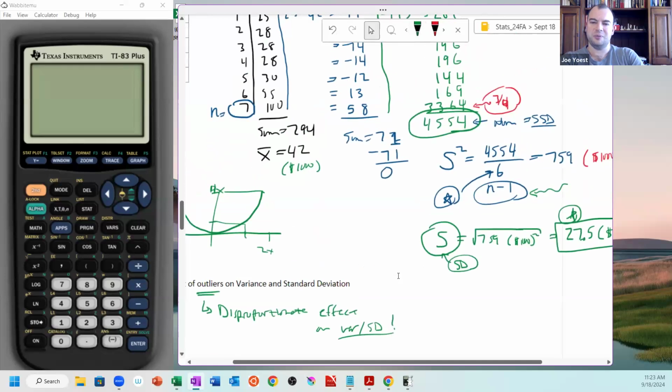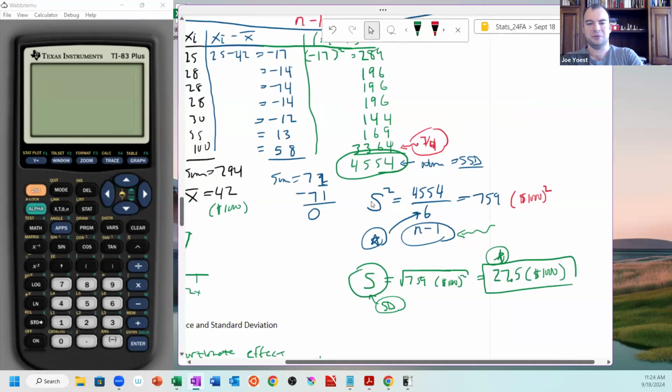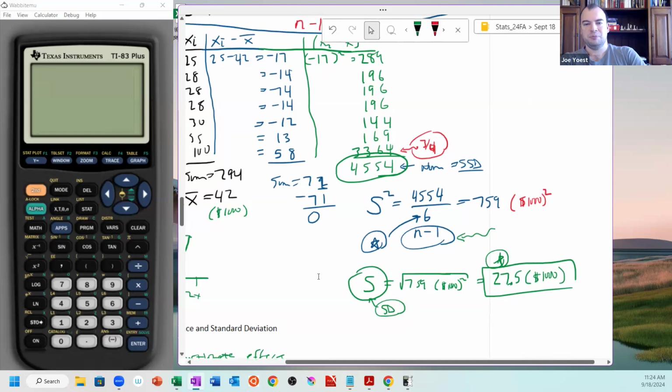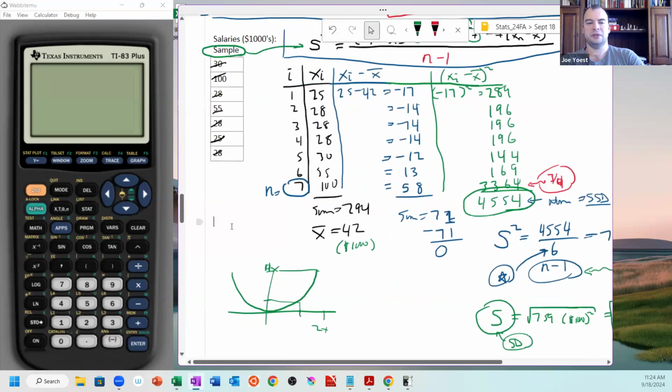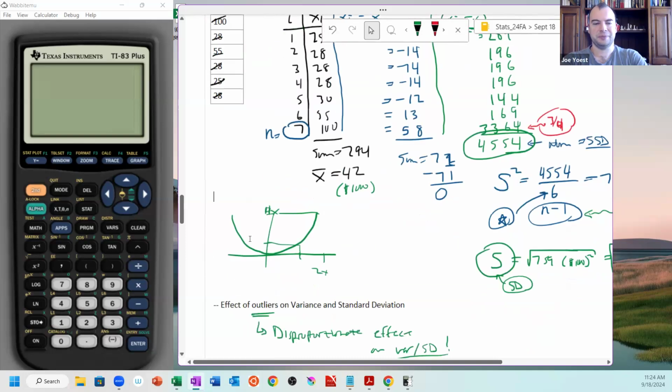Now that does scale back a little bit when we come back to standard deviation, because we're square rooting things. But note that the effect size is still somewhat disproportionate.